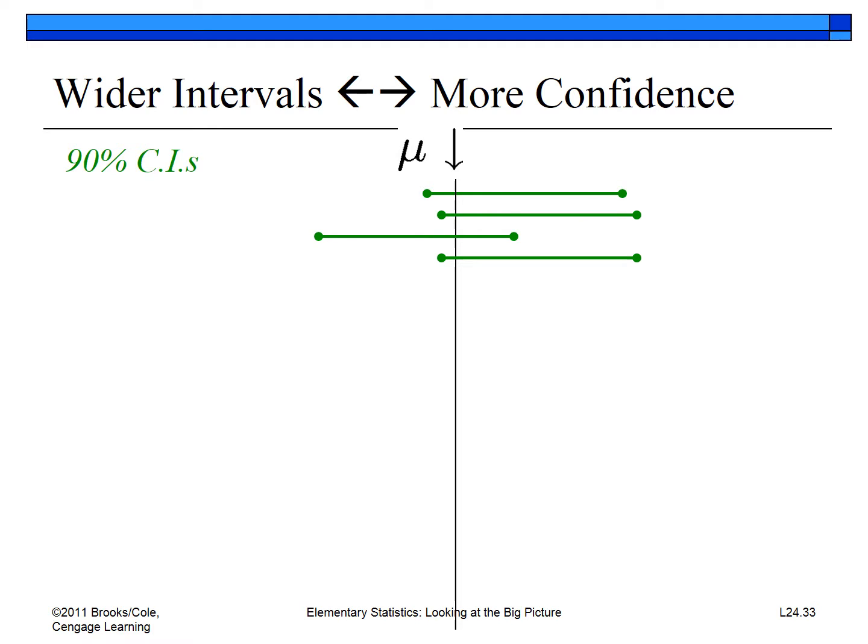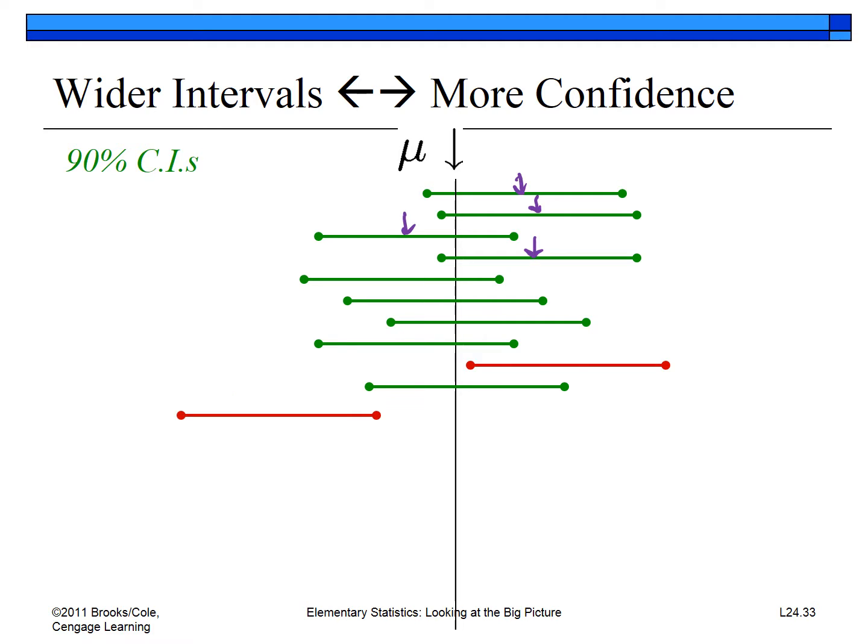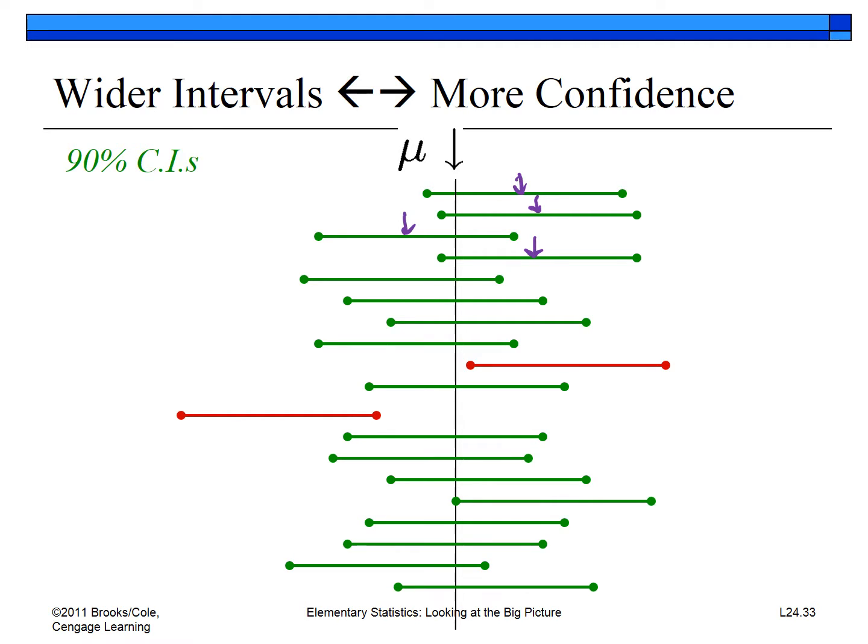Notice the centers of these intervals are all a little bit different because the means of our samples will all be a little bit different. Sometimes they'll be bigger than mu, sometimes they'll be smaller than mu, but we'd expect them to be pretty close. If we continue constructing our 90% confidence intervals, we will expect 2 out of the 20, on average, to miss. Sure enough, that's what we saw here in our simulation.